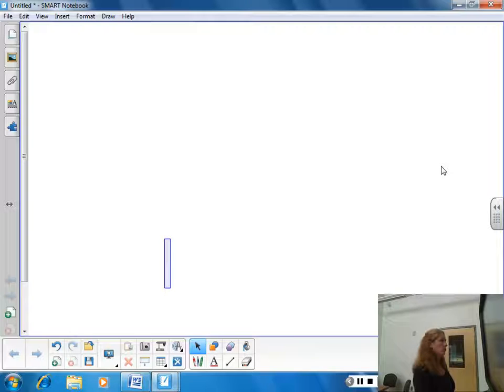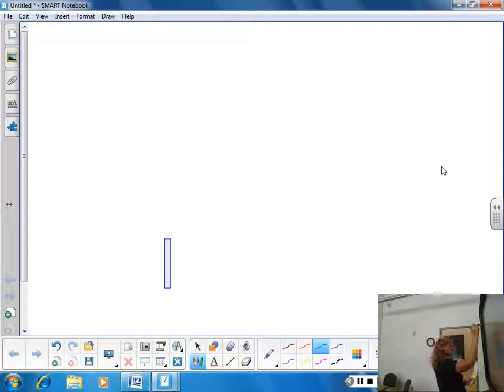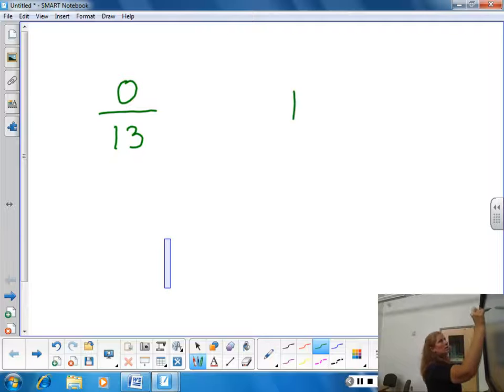Let me just do a quick reminder. 0 divided by 13. 14 divided by 0. One of these is undefined, and one of these is 0. Which is which?